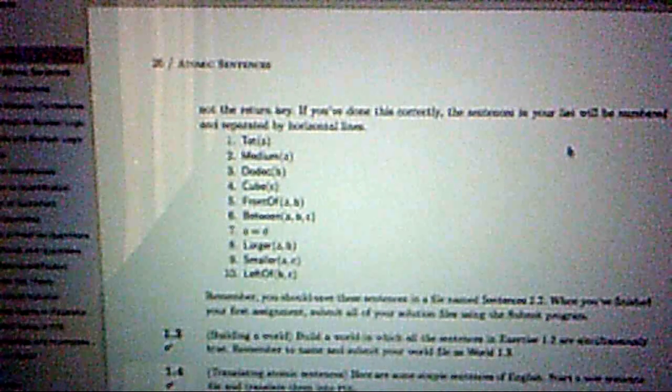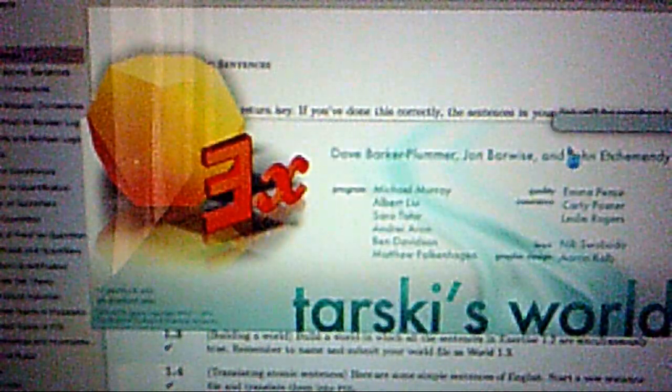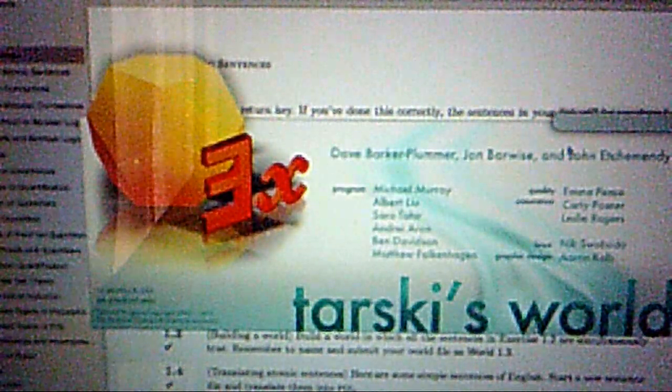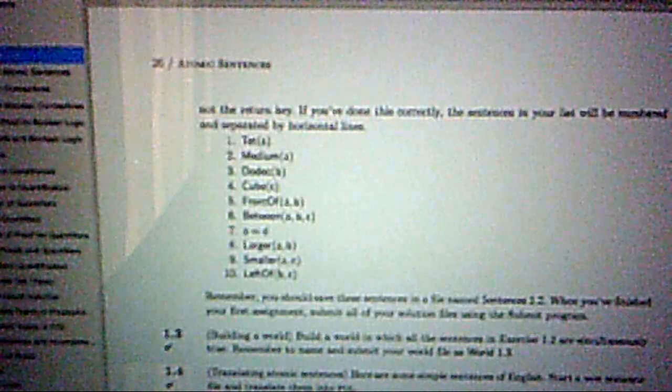Just wait for it to launch. That's why in the previous lectures I said launch this stuff, make sure it's working. Now we're going to be applying it. And you basically just literally enter in these sentences. This first homework assignment is just about trying to get familiar with the software and all that.